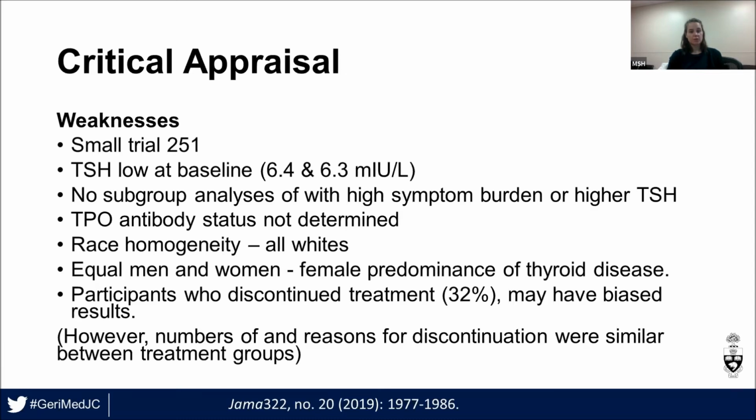There was race homogeneity, equal men and women. Actually, there was more men than women, and really there's a female predominance of thyroid disease. And quite a few people discontinued treatment, 32 by the end of study, and so this may have biased results. However, the number and reasons for discontinuation were similar between the 2 groups.